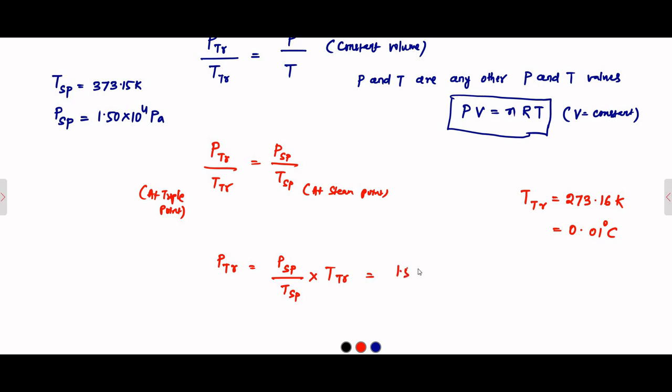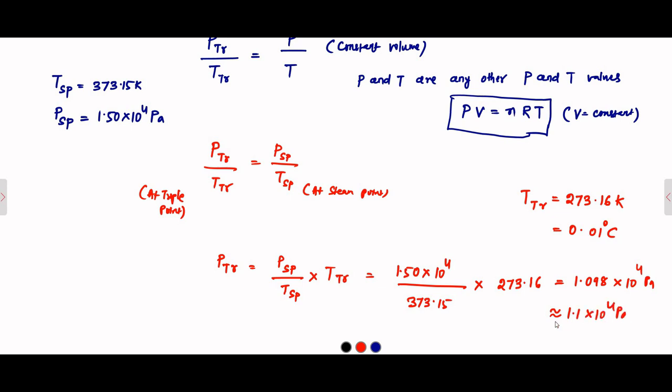Which is equal to 1.5 into 10 to the power 4 by 373.15 into 273.16. So it's coming around 1.098 into 10 to the power 4 Pascal, or we can round it off as 1.1 into 10 to the power 4 Pascal.